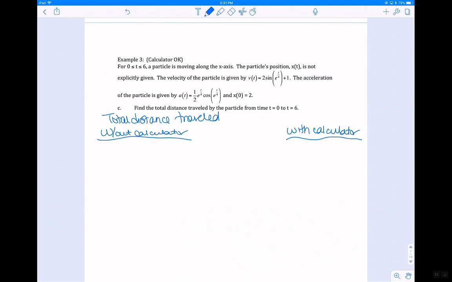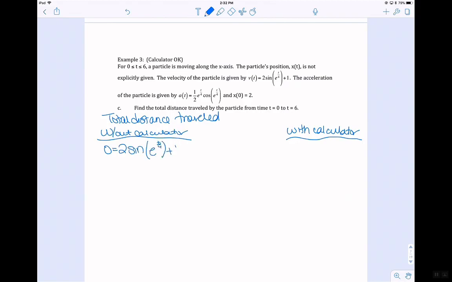So in order, without a calculator, to figure out where the particle is moving to the left so that I can make that distance a positive distance and not a negative distance, I would have to do the chart. So I would have to take my velocity equation, set it equal to 0, and then solve. Obviously, I'm going to have to use a calculator for this. I get t is 5.196 in the interval from 0 to 6, let's be clear, because there are other places, but from 0 to 6, the time value is 5.196.